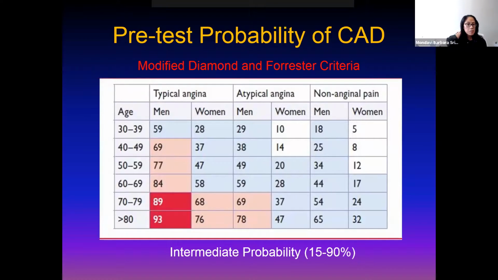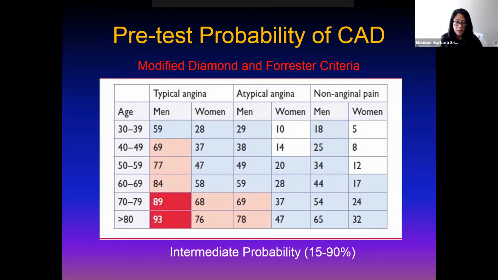The modified Diamond and Forrester criteria is used, using clinical guidance, to estimate a pretest probability of underlying coronary disease. They use an algorithm looking at the age, gender, and then the typicality of the patient's symptoms. So typical symptoms in a male who's older generally has a high pretest probability of underlying coronary disease.